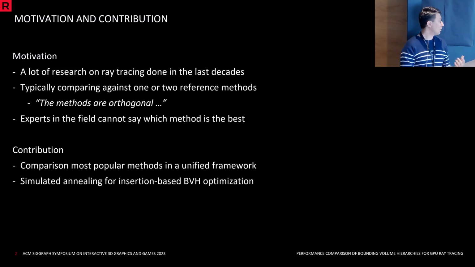So our contribution is an empirical comparison of the most popular BVH-related methods in a unified framework to make it as fair as possible. And we also proposed a small extension of insertion-based optimization.